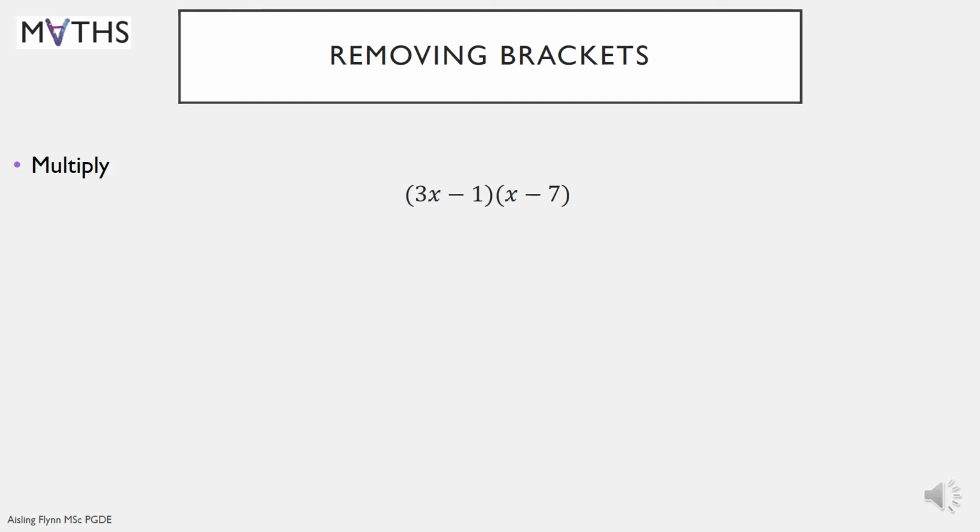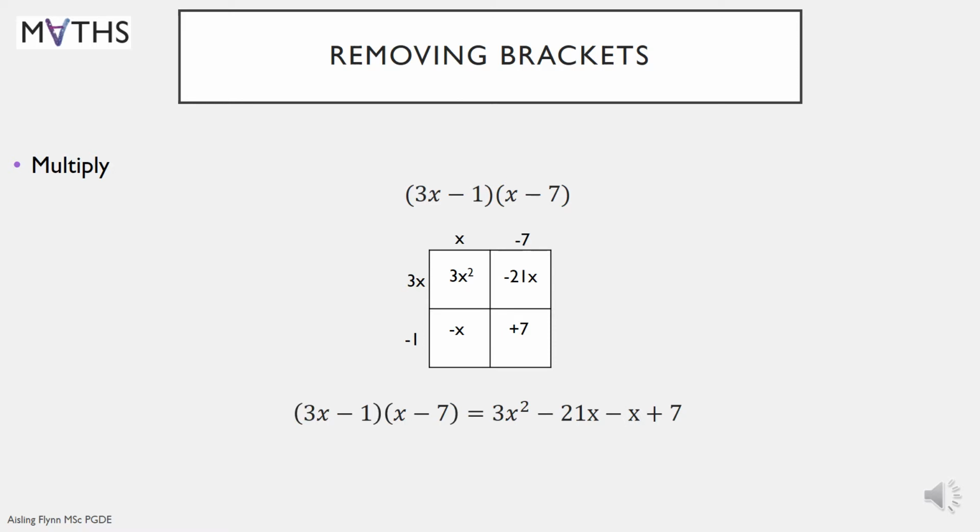Okay, let's multiply this 2 by 2. So 3x minus 1 multiplied by x minus 7. 3x by x is 3x squared. 3x by minus 7 is minus 21x. Minus 1 by x is just minus x. And minus 1 by minus 7 gives me plus 7.